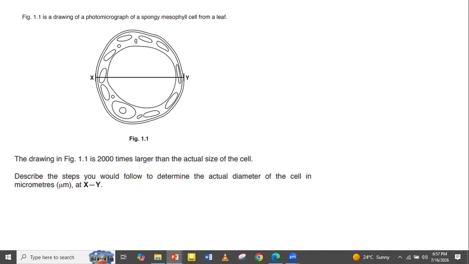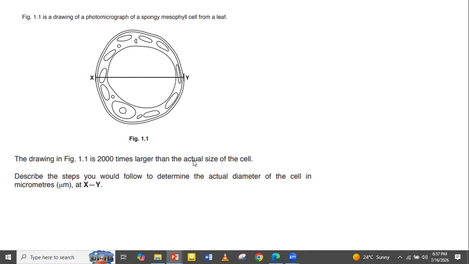They have given you a cell from a leaf. You have the line XY. They're telling you the drawing is 2000 times larger, so this is the magnification.